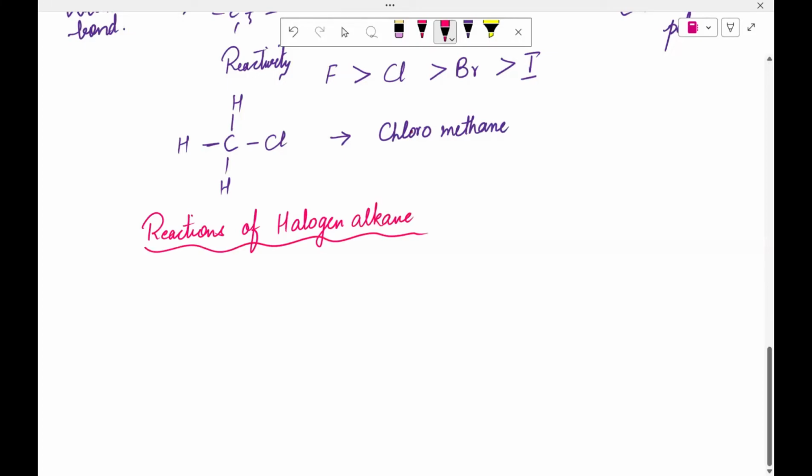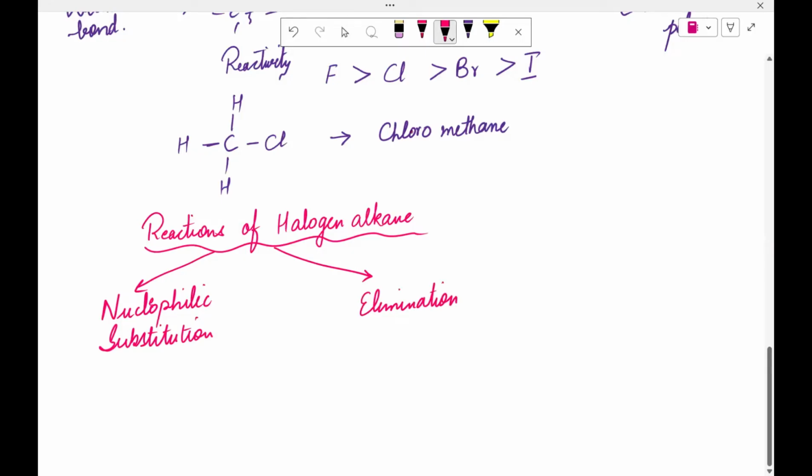Either they can possess nucleophilic substitution reaction, or they possess elimination reaction.